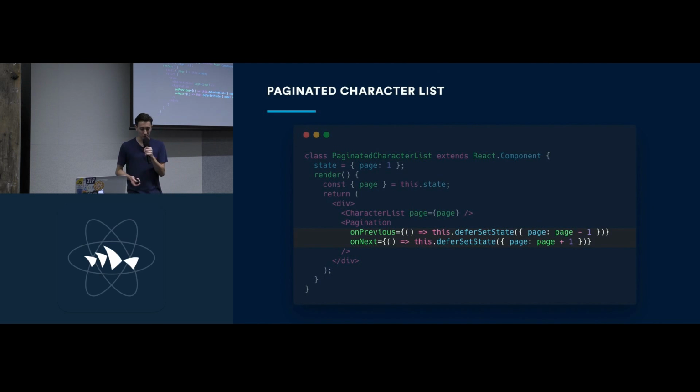Now, the way that we've seen this work in demos is that instead of calling this.setState, the developer is expected to call this.deferSetState. And that indicates to React that your next render might result in an exception being thrown. I didn't really want to do this. I didn't want to extend component, and I wasn't sure if that approach was going to work. So I instead created a component solution to this.